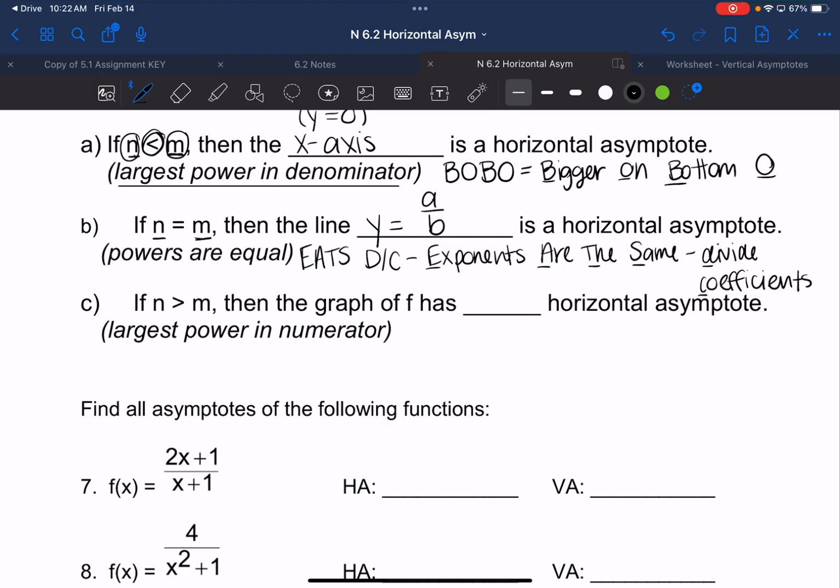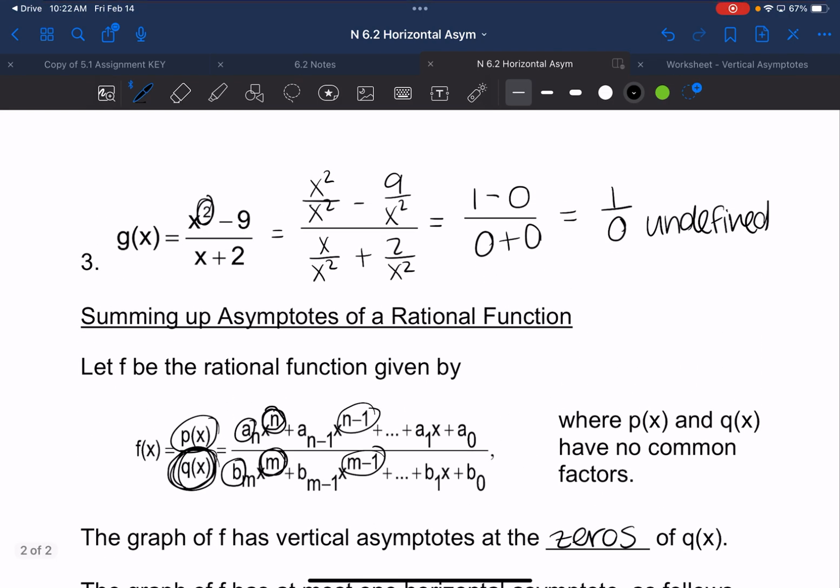All right, then the last possibility is that the exponent in the top, the letter N, was bigger than M. And that's what happened to us on example number 3, right? If you look up here at example number 3, the exponent in the top was 2, the bottom was only 1. And what was our outcome here? Undefined.